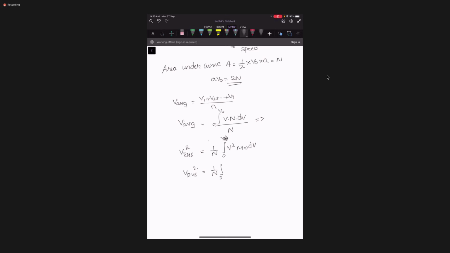After V0, everything goes to this one. V square A by V0 into V into dV. So it will become A V naught square by 3n.